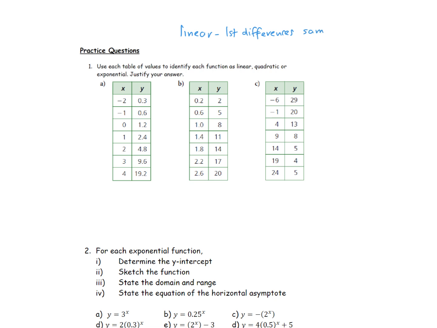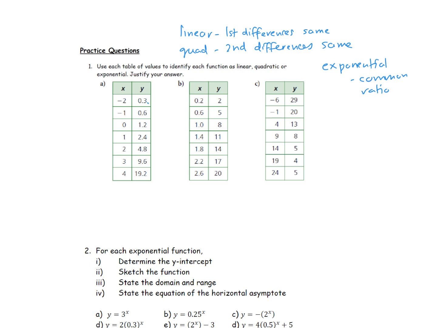If it is quadratic, then the second differences will be the same. If it is exponential, it will have a common ratio. So I want to check all three. So I might check linear first.